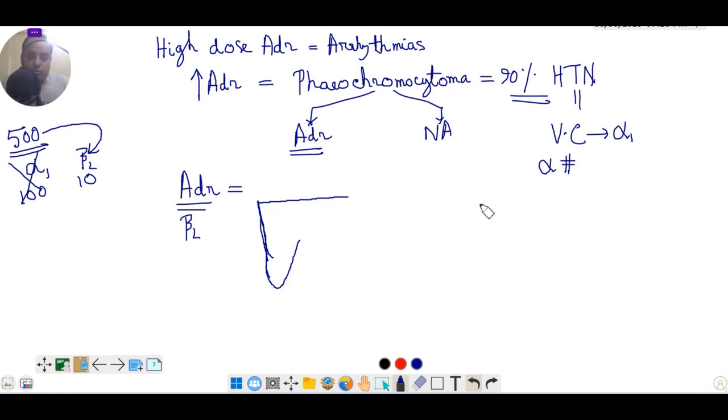So students, remember, in a pheochromocytoma patient, which is an adrenaline secreting tumor, if you give an alpha blocker, and suppose initially the patient had a systolic BP of 200, now after giving the alpha blocker, suddenly it is going to come down to 20. And reviving this patient will be very, very difficult.